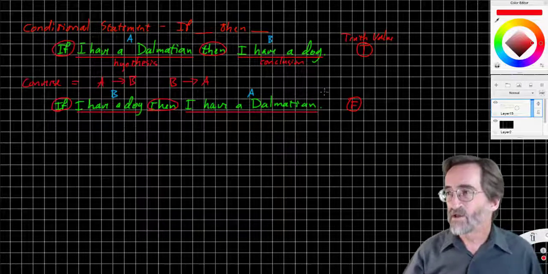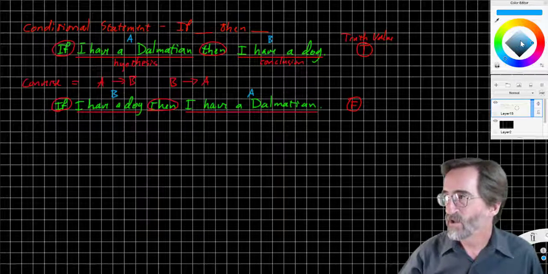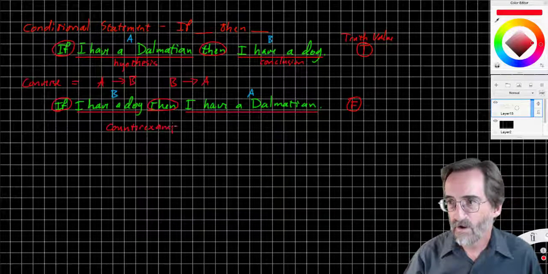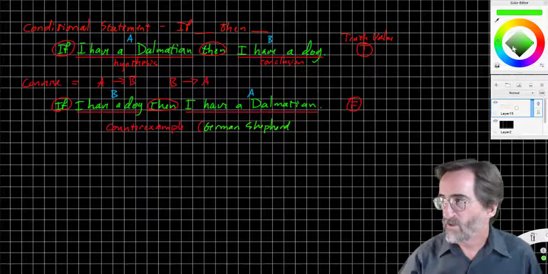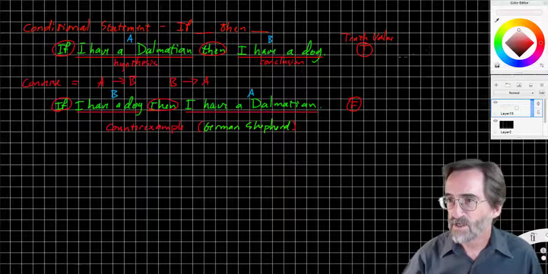And that brings up another vocabulary word, something called a counterexample. Counterexample. Here, let me put this in red. Counterexample. In this case, I'm going to make a counterexample of a German Shepherd. Okay, it's a counterexample because it makes the condition true.